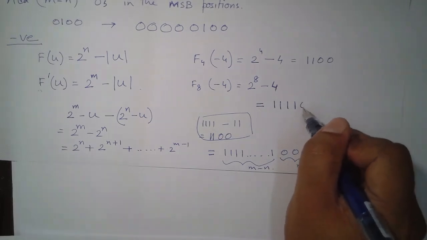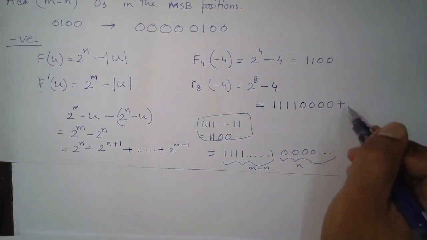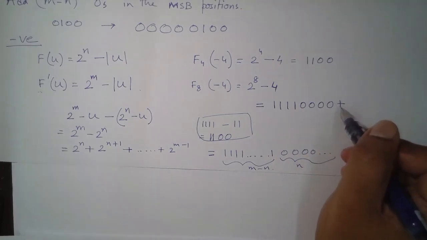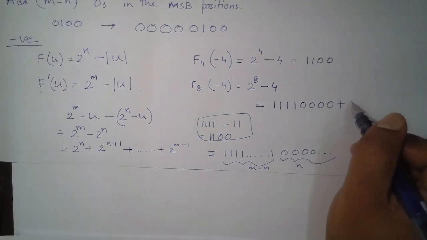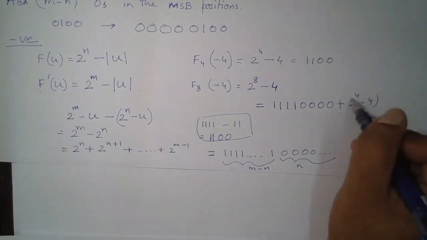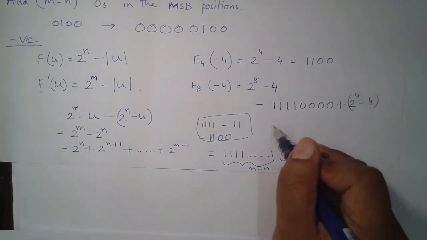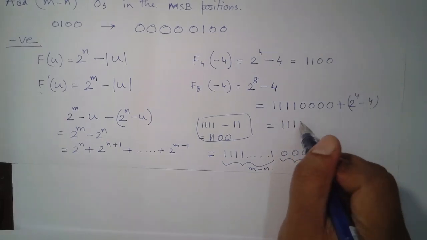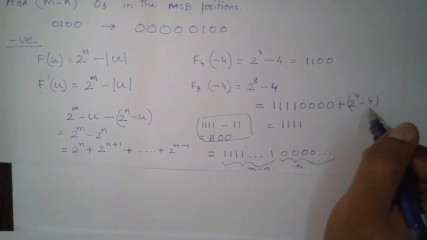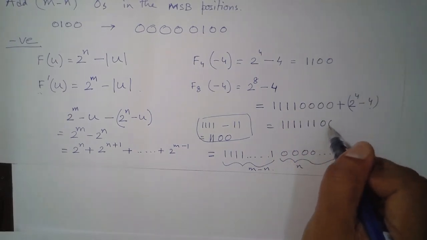So basically these 4 zeros plus the 4-bit representation of the number. So 4-bit representation was basically 2 to the power 4 minus 4, alright, which is nothing but 1 1 1 1. And what was this representation? This is 1 1 0 0. So 1 1 0 0.